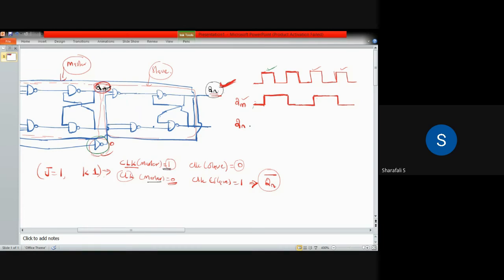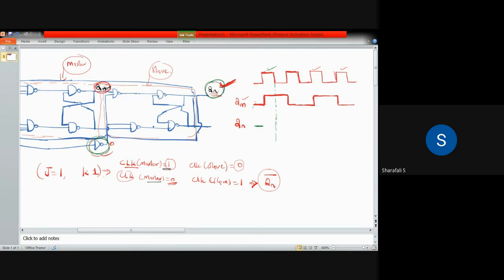So for the entire output Qn, we have to consider it like this. This will be starting from 0. We are considering it also starting from 0 initially. Then it should change when your clock pulse is minimum, because we have a NOT gate connected to this slave configuration.